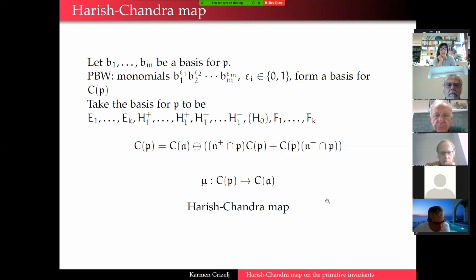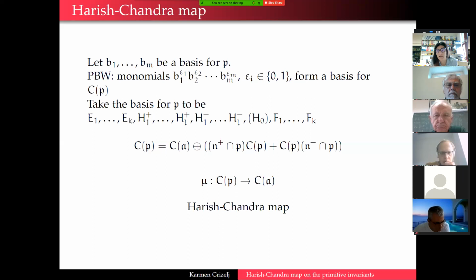Unfortunately, this map is not even an algebra homomorphism, but we can fix that by looking at the restriction of this mu to K invariants of the Clifford algebra of P. In that case, not only do we get a homomorphism, we actually get an isomorphism.